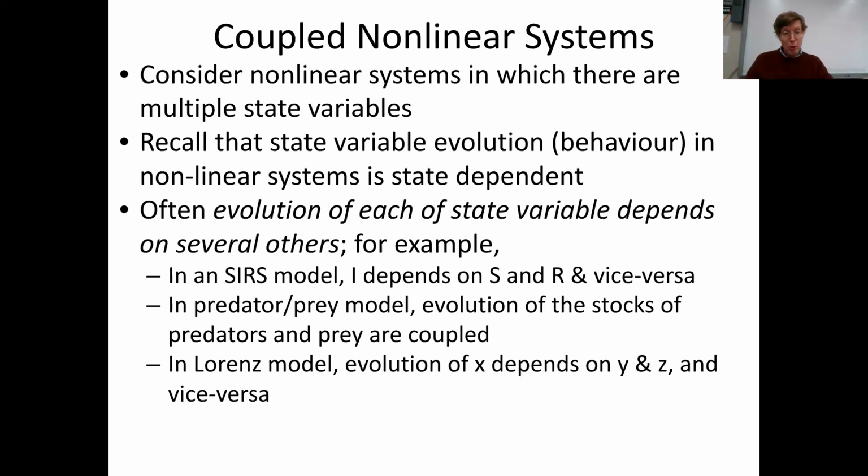Or maybe you're in a predator-prey model, and you're thinking about the evolution of the stocks of predator and prey. An incredibly complex system out there in the world with all sorts of detail about the environment and competing predators and parasites that may separately kill some of the animals, etc. But a system which is coupled, with lynx and hares intertwined to this day.